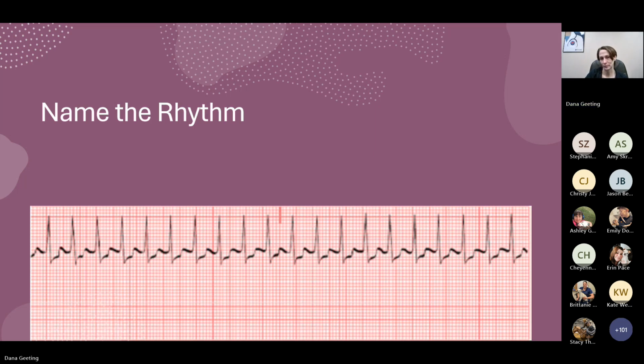No. So then we would know that that would not be normal sinus rhythm. And then your QRS complexes here, they look pretty similar, regular, they're spaced out normally. So then that would eliminate your AFib.